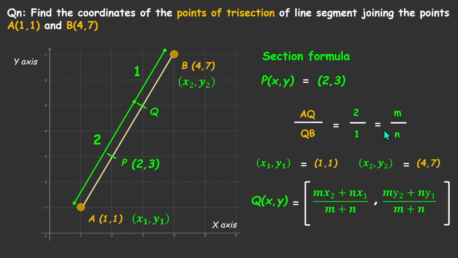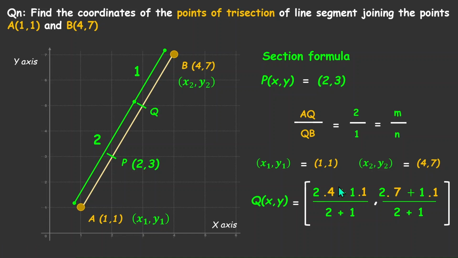Here m is 2, n is 1. So m becomes 2, x2 is 4, n becomes 1, x1 is 1, and m plus n becomes 2 plus 1. On the y coordinate, we have m as 2, y2 as 7, n as 1, y1 as 1, and m plus n as 2 plus 1.